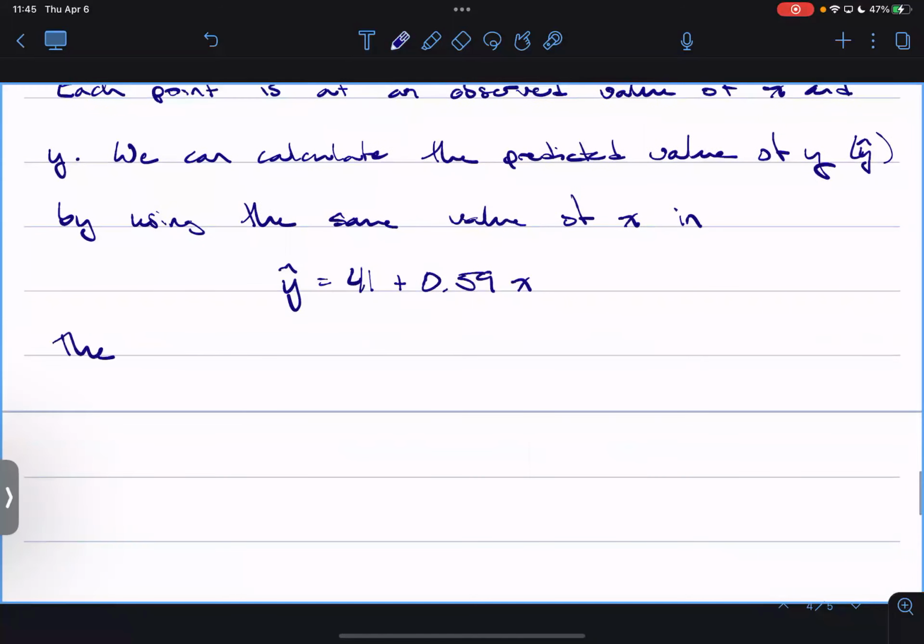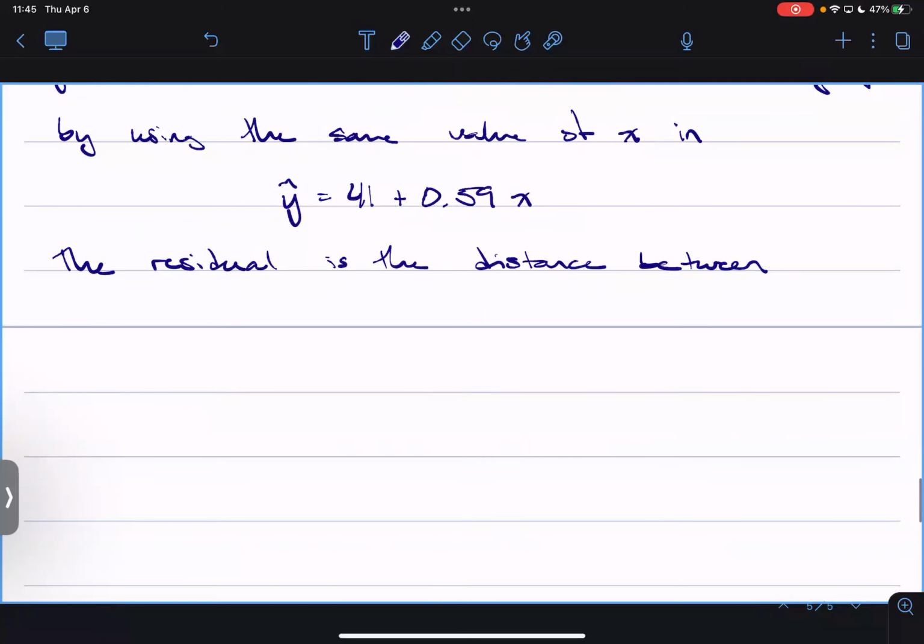So the residual is the distance between the observed value of y and the predicted value of y.